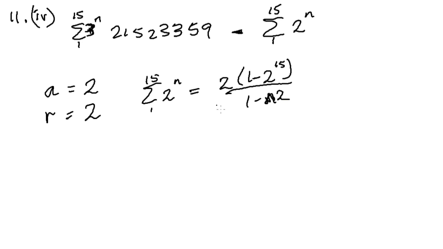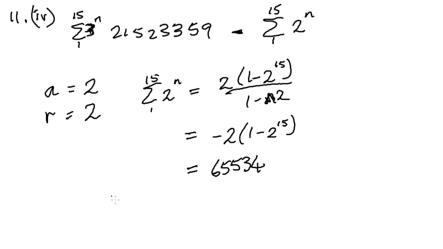So it is minus 2 times 1 minus 2 to the 15, and put that into the calculator. 2 to the power of 15, subtract 1, times 2 is 65,534 descendants.